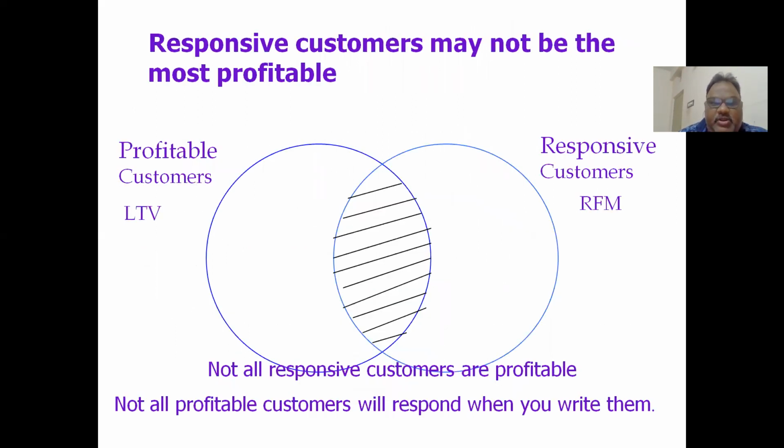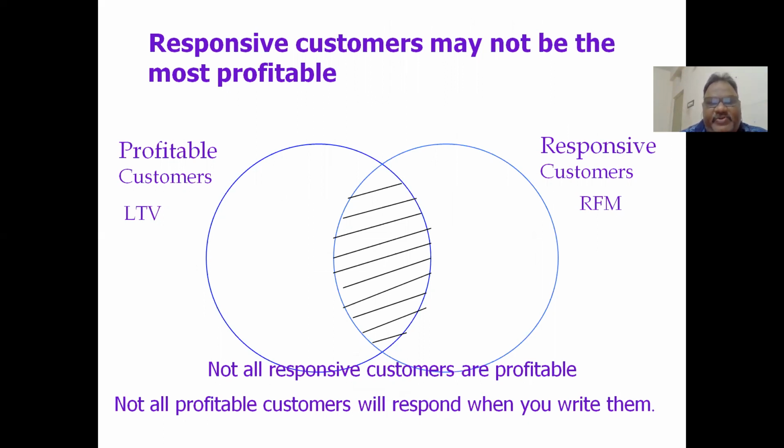So our objective is to find out who are both profitable and responsive customers, because they will give more and be more loyal to the organization. As you know, responsive customers may not be the most profitable, and not all profitable customers will respond when you write to them.